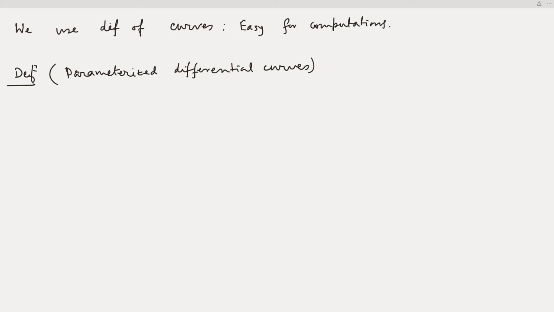Okay, so the definition is the following: a curve is a smooth map alpha from an open interval (a, b) to Rn, where minus infinity is less than or equal to a, which is strictly less than b, which is less than or equal to plus infinity.